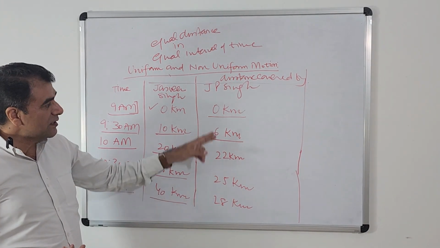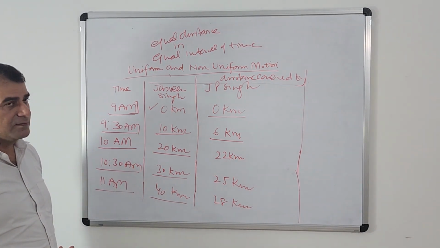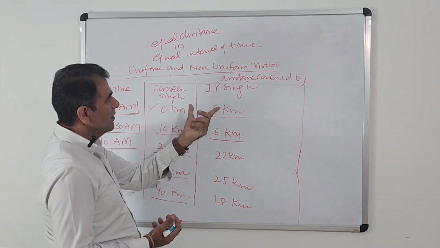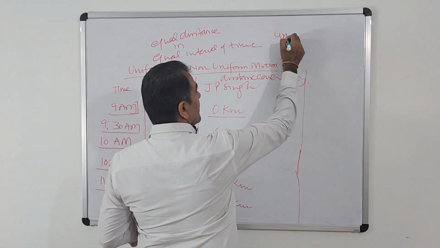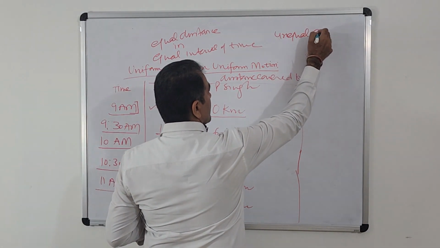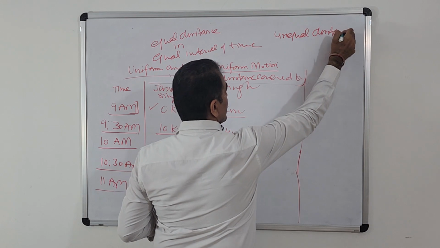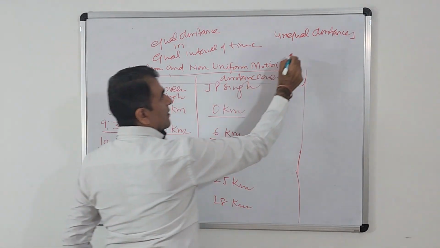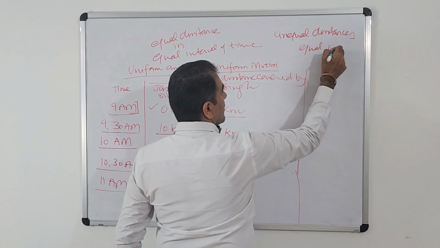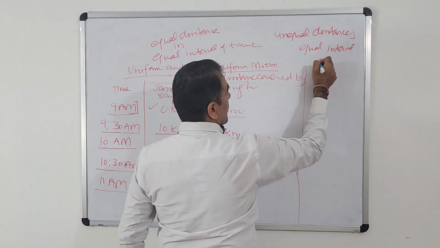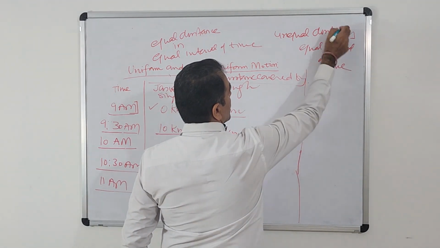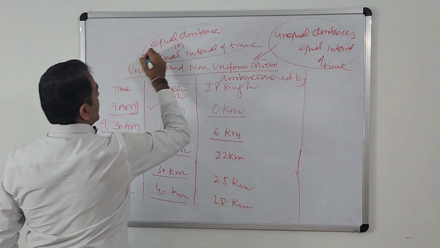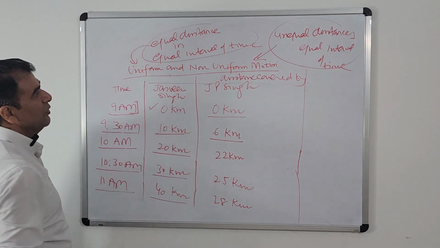So in this type of motion, we see that JP Singh is covering unequal distances in equal intervals of time. So this is non-uniform and this is uniform.